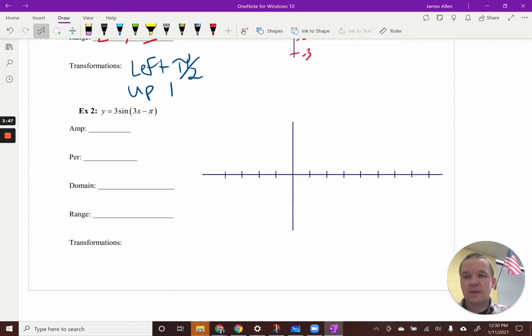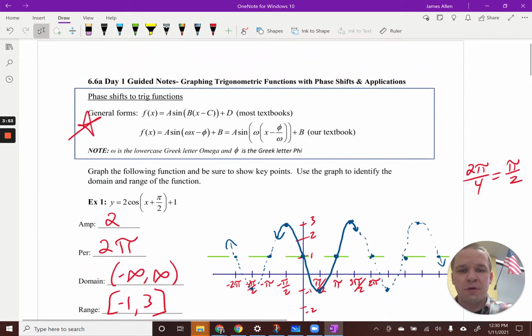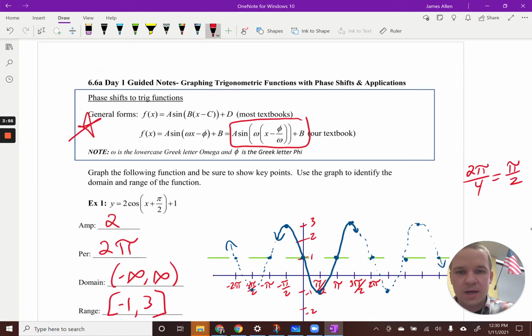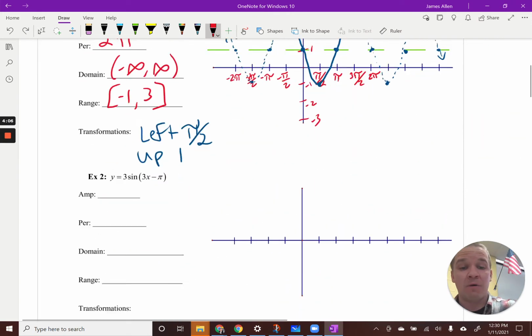Cool. All right, for this next one, you're going to notice that inside the parentheses we have 3x minus pi. Notice how you have that factored aspect going on inside the sine function, or it could be a cosine function, but it's factored out. We need to do that before addressing our phase shift.